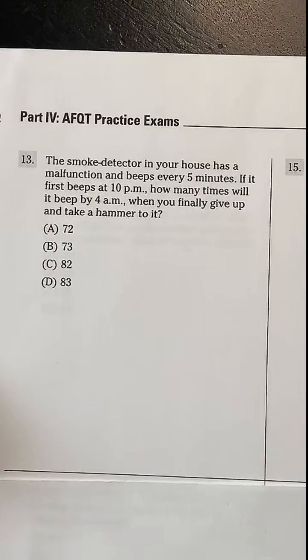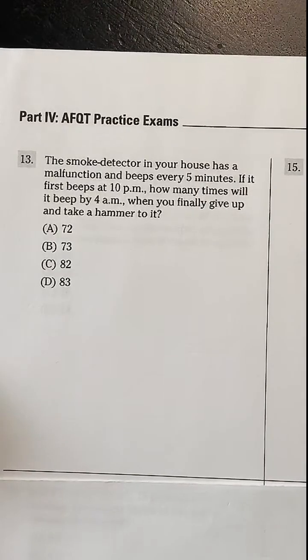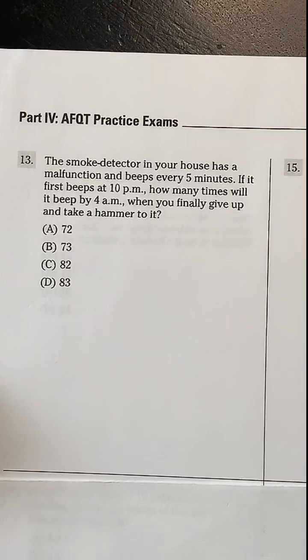So the smoke detector in your house has a malfunction and it beeps every 5 minutes until you take it down. If its first beep is at 10 p.m., how many times will it beep by 4 a.m. when you finally give up and take a hammer to it? I like this guy. Seems right with me.